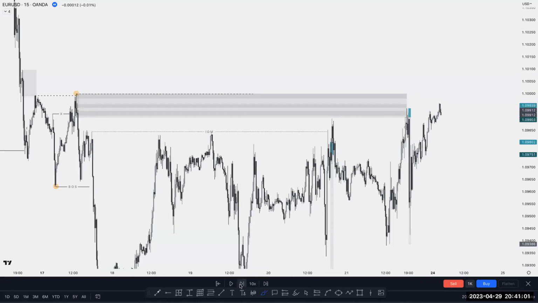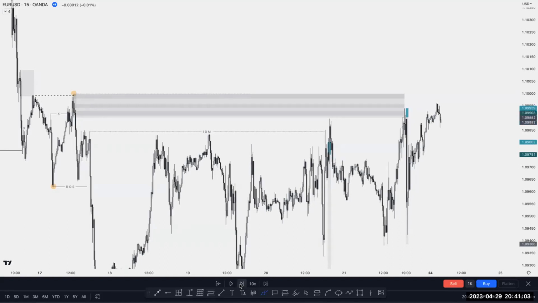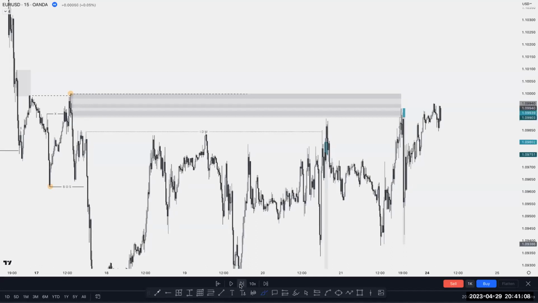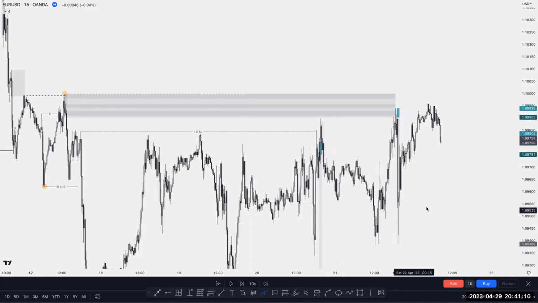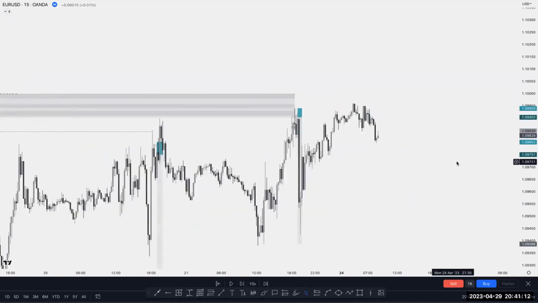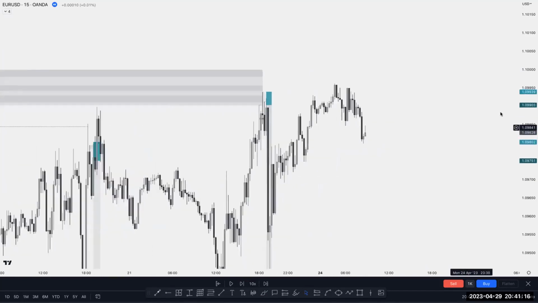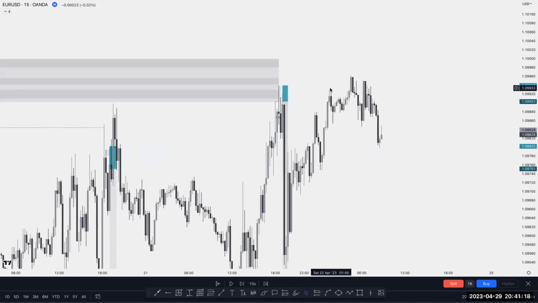Let's see. Okay. All right. So first of all, you have to mark here where is our PY, and when we can expect here buy. So in this case, first of all, you have to mark the first pullback. First pullback is always called our inducement, right?